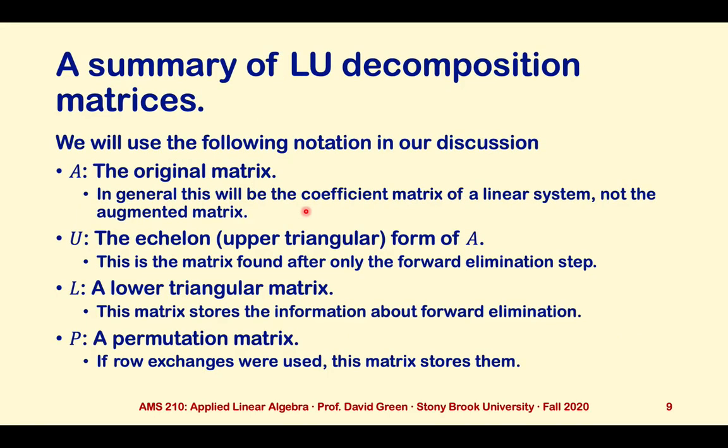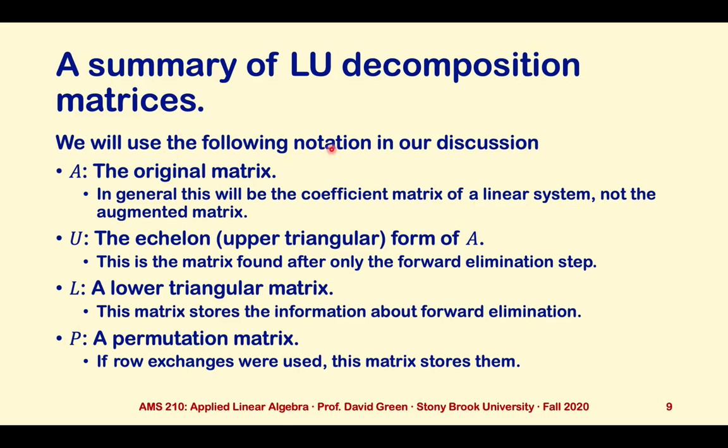In our discussion going forward, we're going to be using 4 different matrices, and these will come up over and over again. I'd like to highlight what each of these matrices is going to be as a preview and to help set your mind around the notation. I'm going to use A as a representation of our original matrix.